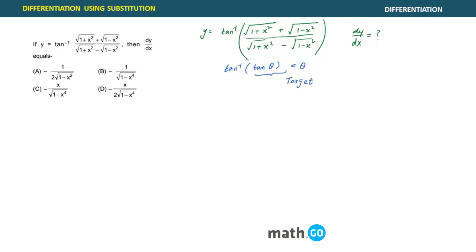Okay, so here in this particular case, the entire function, that is the interior function, should be reduced to something of tan f(x). This is the target, so that if I write tan inverse of tan f(x), the answer would be only f(x). How we will do that? For this you have to remember the trigonometric formulas.